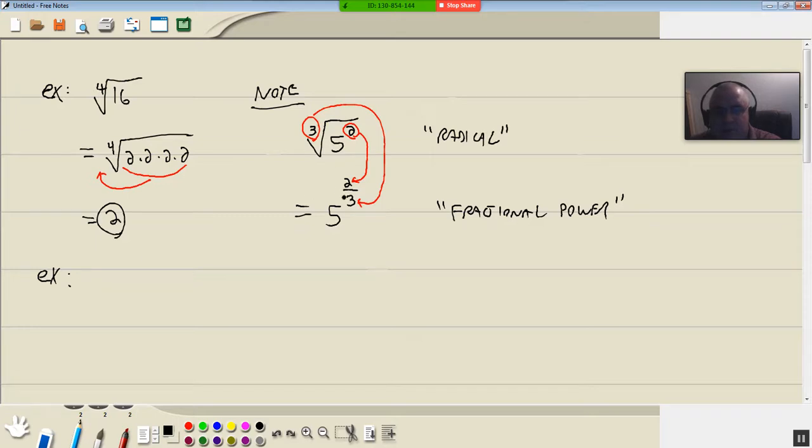Now, sometimes we want to go this direction, sometimes we want to go in reverse direction. Let's say I had 16 to the 1/4 power. And I want to simplify this. Well, fractional powers are hard to work with. You sometimes put them in that form so you can apply some properties of exponents. But at that point, then it becomes kind of tricky. I want to rewrite this in this manner.